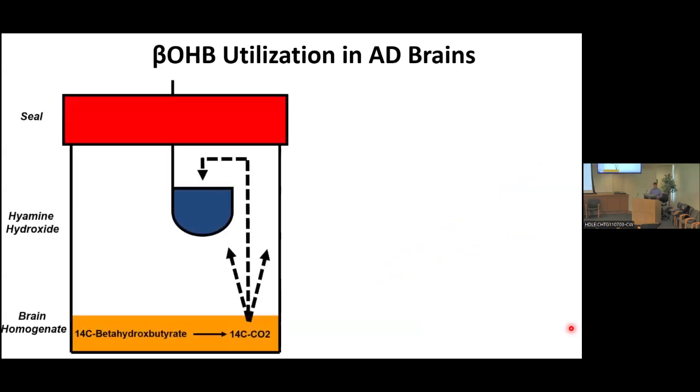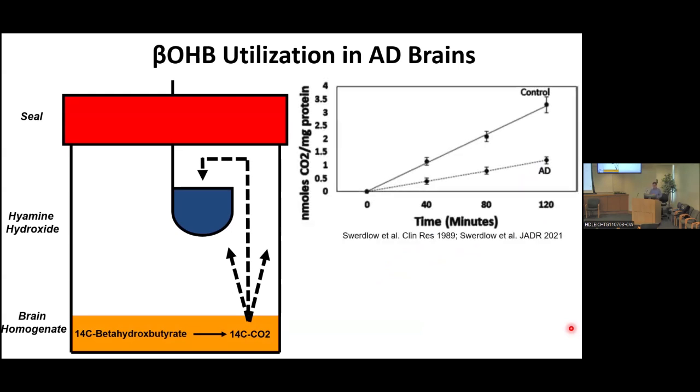So I studied that for the next several years, using a similar approach, except now instead of adding radiolabeled glucose to the homogenates, I was adding radiolabeled beta-hydroxybutyrate, which would access the mitochondria in the Krebs cycle and release radiolabeled CO2. And we found that Alzheimer's brains could utilize beta-hydroxybutyrate, although not at the same rate as control brains.